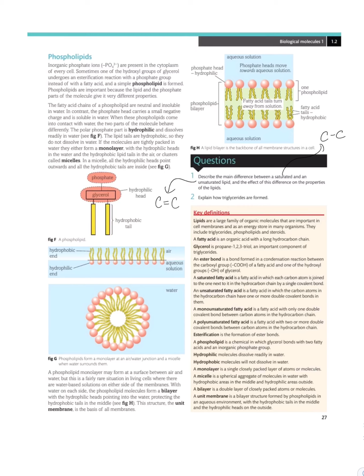So you need to have at least one to be classified as unsaturated. And the effect, well, we said that these are more likely solids at room temperature than unsaturated.